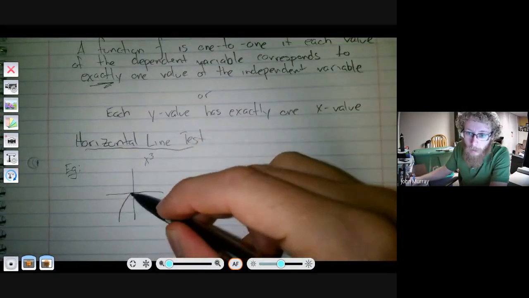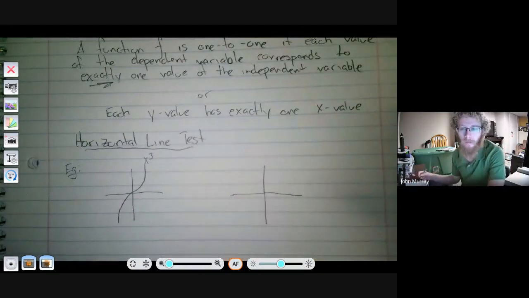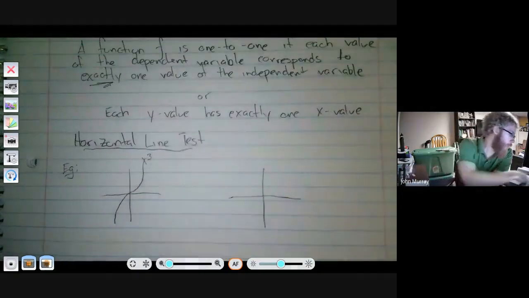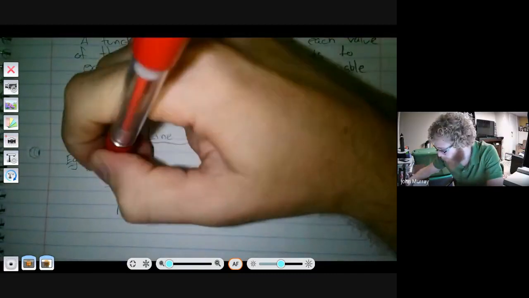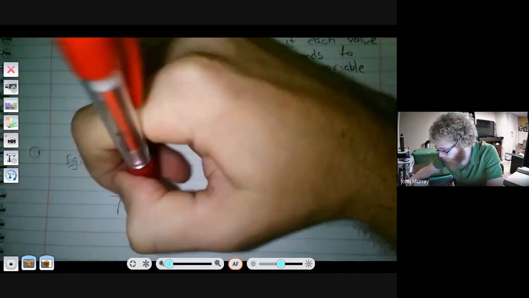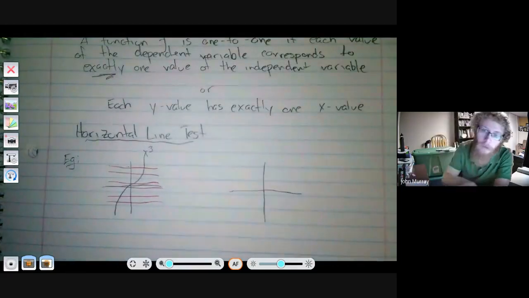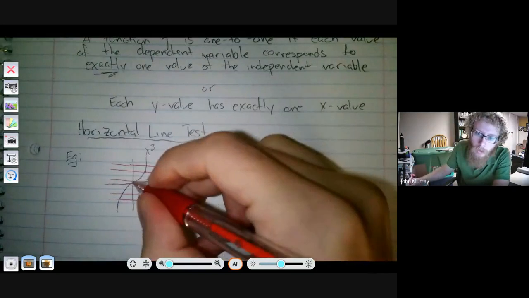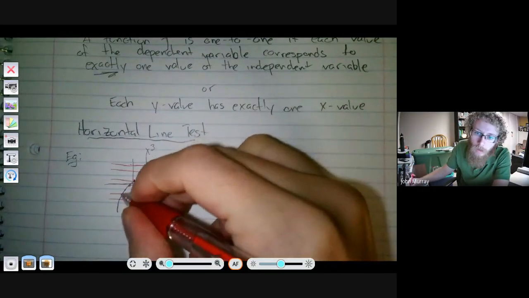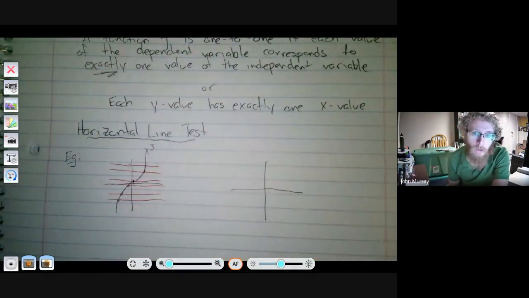All right, so if we're talking about a basic x to the third function, what I do is I draw horizontal lines. They're not exactly horizontal, but you get the idea. And here we can see that it crosses only once.